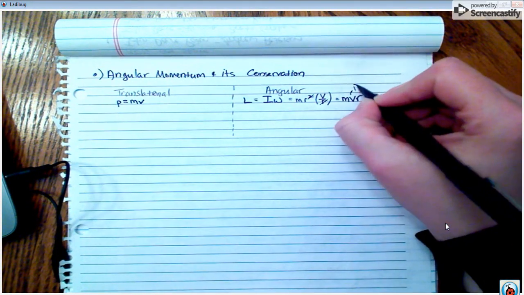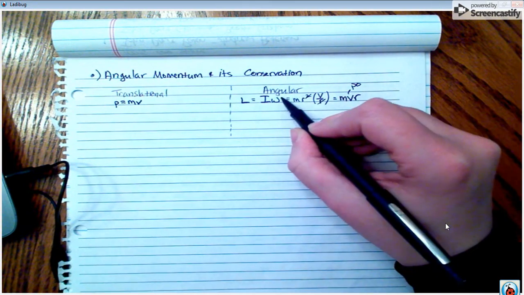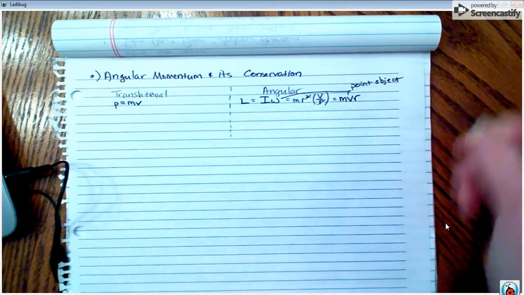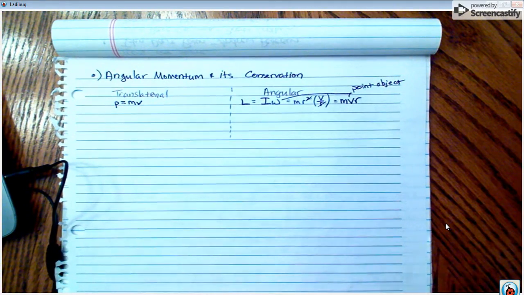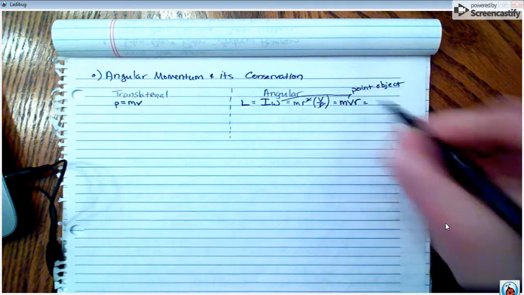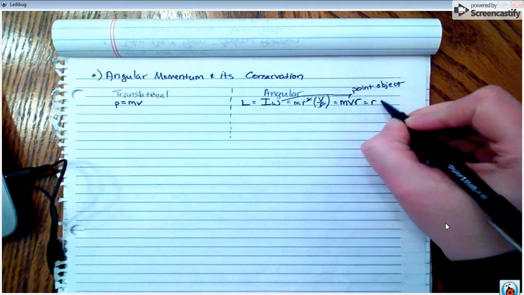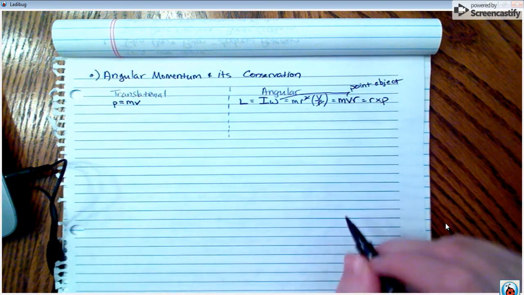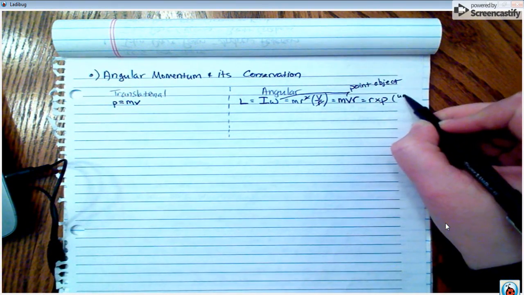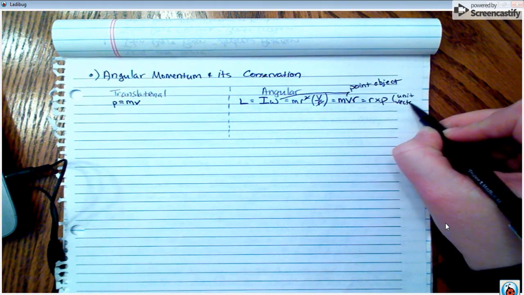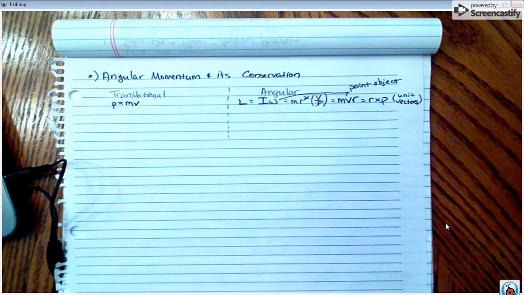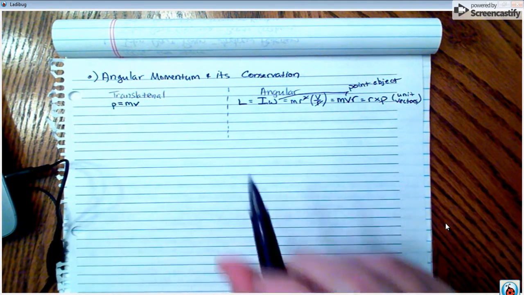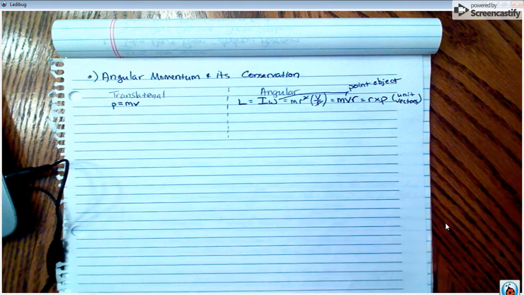So mvr, you'll use that, or I omega, if you just have a point object that is moving with angular momentum, or if you're given unit vectors, we're going to take r cross with p, which we saw in the cross product notes. So we use that if we're given unit vectors. Okay, all of those equations give you angular momentum. We're going to be using all of them, especially this I omega and mvr, just depending on what info we're given.